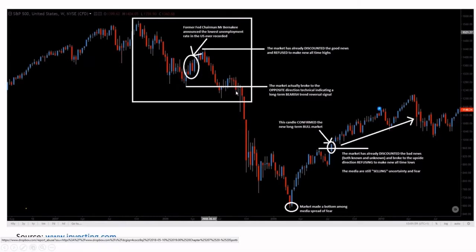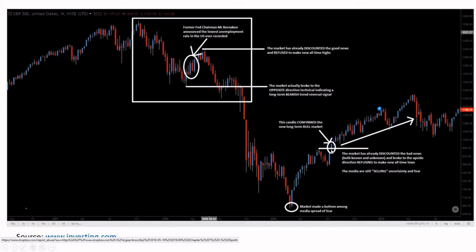The opposite scenario here. Now, here we have a decline. No need to say that if anyone was watching the financial media at that time, you will confirm that everybody was spreading fear and panic. At some point, however, the market bottomed and started to go up, then tried to go down again, but despite the panic and the fear the media were trying to sell, the market actually broke to the upside and breaks this top here.